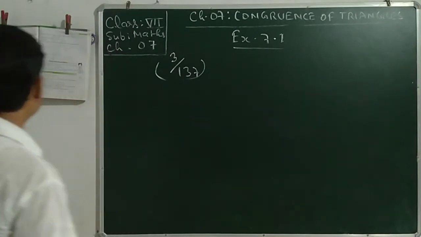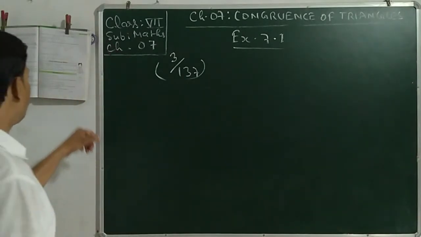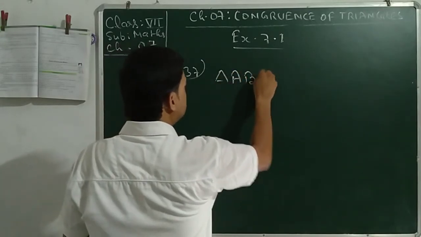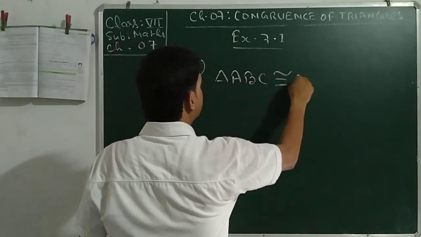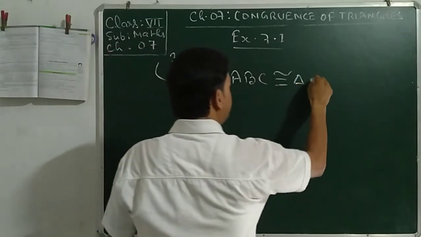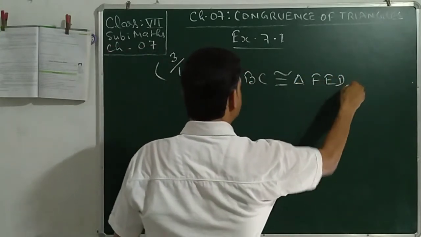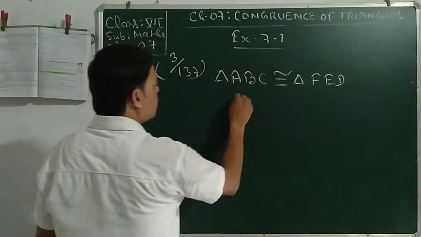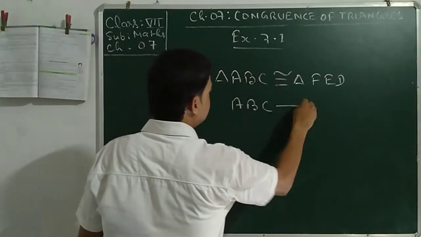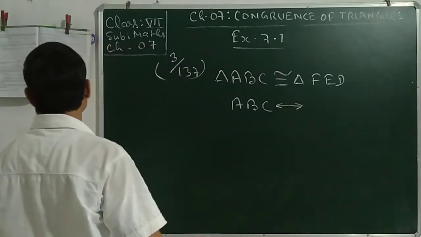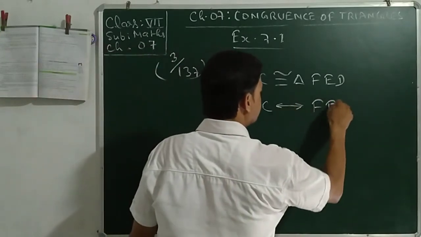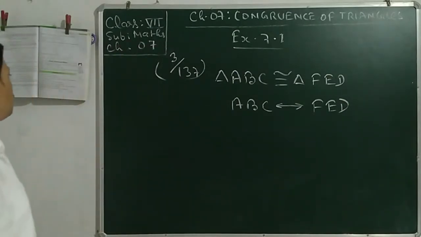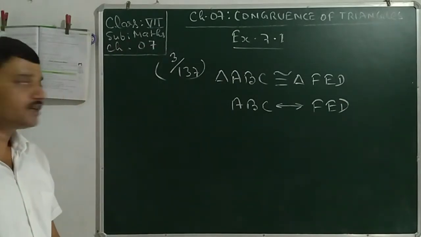Actually in triangle ABC, the sign of congruence is there. Triangle ABC is congruent to triangle FED. In this case, the correspondence is given here as ABC matches FED. You are asked to write all the corresponding congruent parts of the triangles.